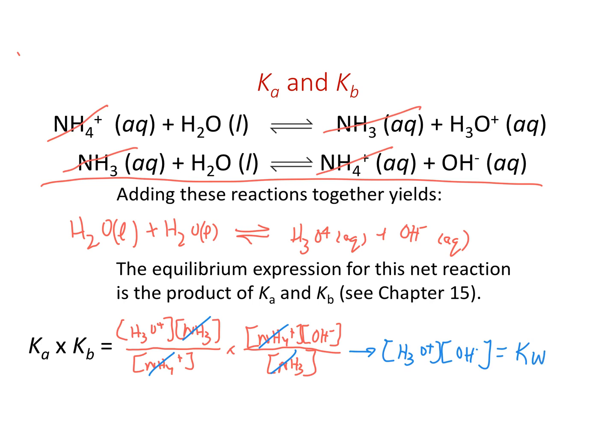So for any conjugate acid-base pair, Ka times Kb equals Kw. We've got one last relationship. So now if we know the value of Ka, we can find the value of Kb for that conjugate base because Ka times Kb equals Kw for a conjugate acid-base pair.